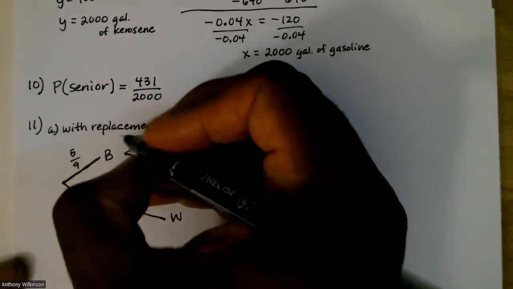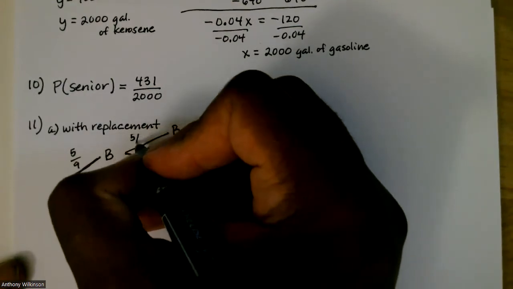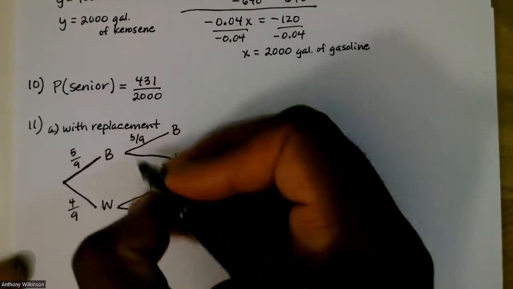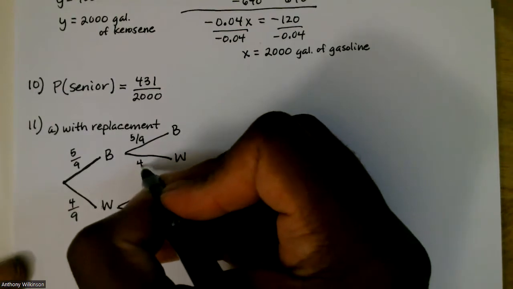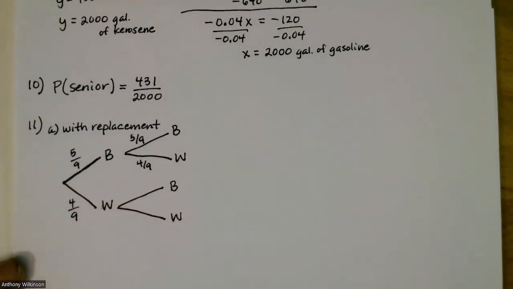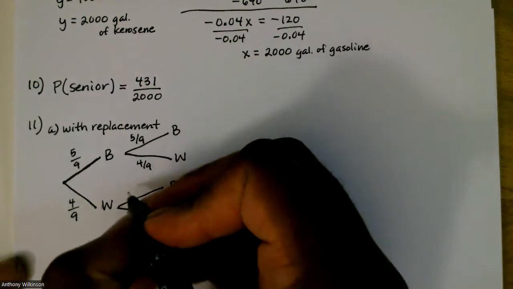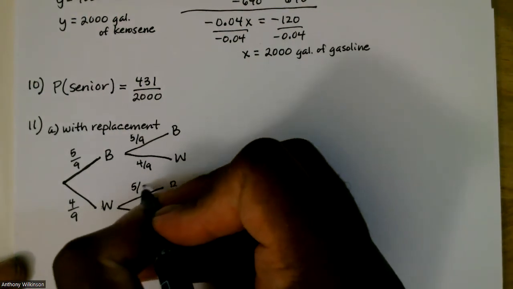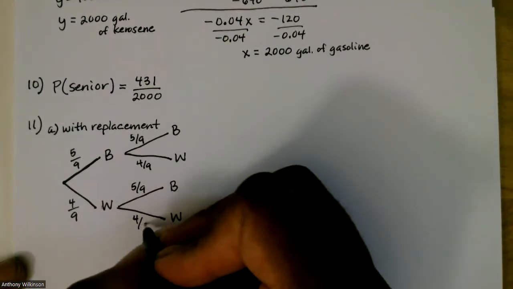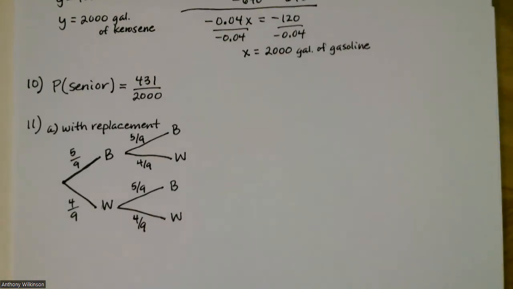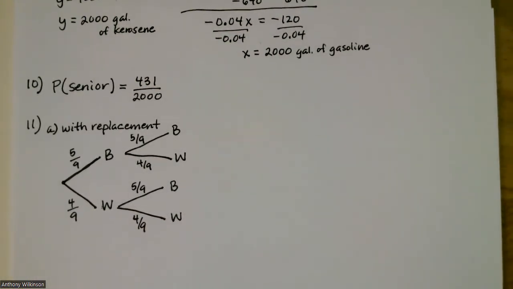So the probability of selecting a black ball on the second draw will still be 5 9ths, and drawing a white ball on the second draw will still be 4 9ths. And the same holds true here as well if the first ball was white, because that white ball is going to go back in the box.